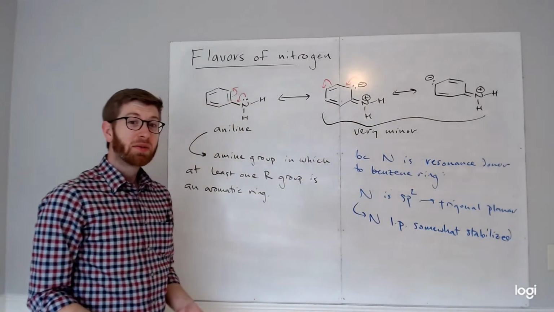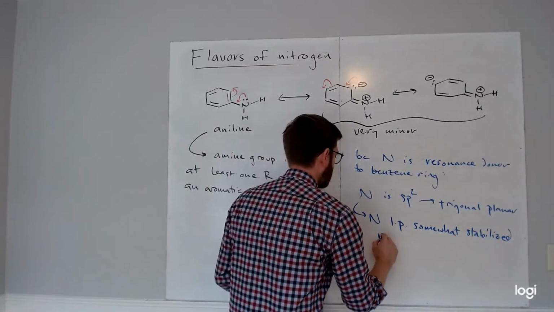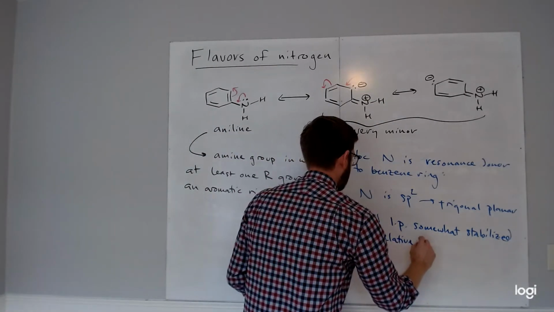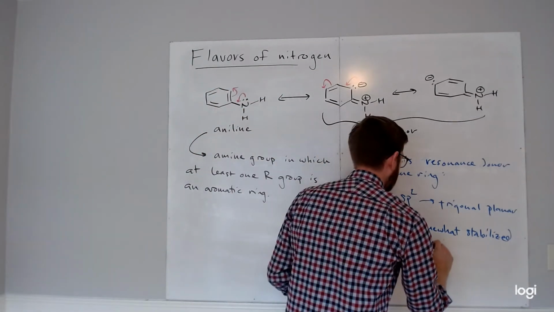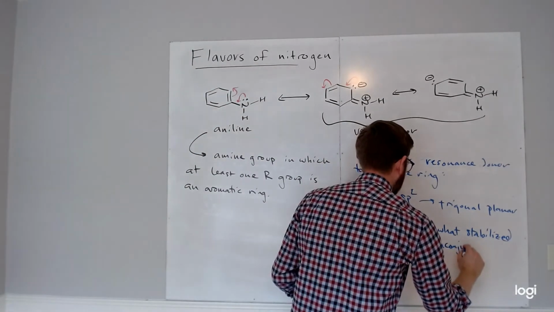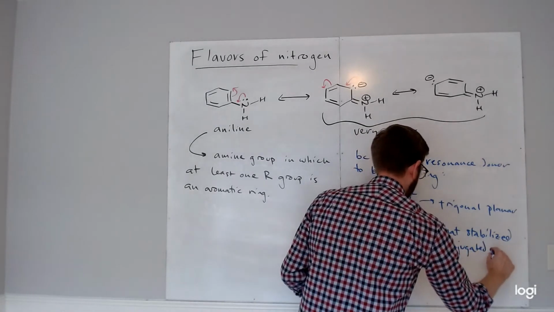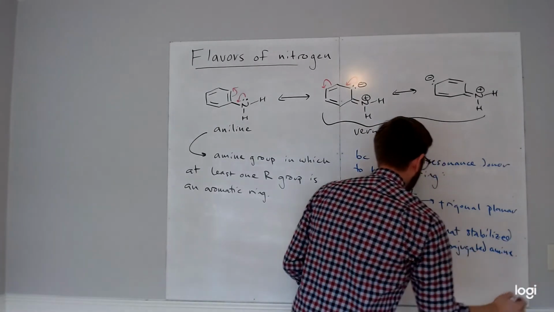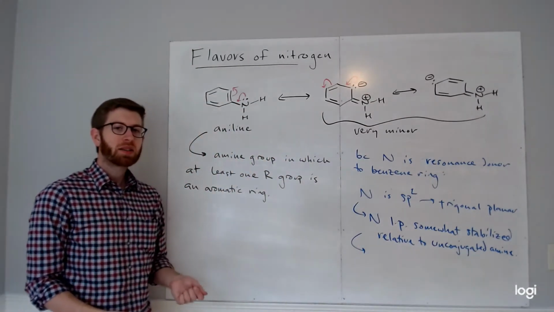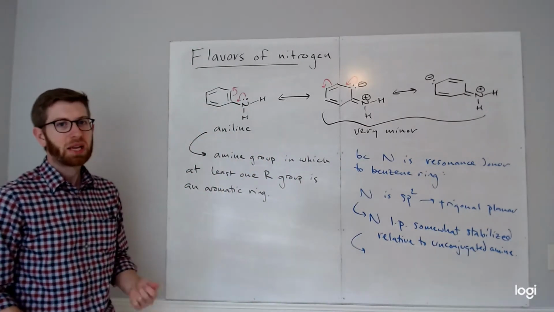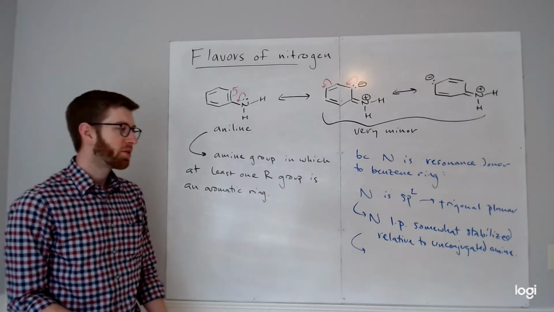Again, relative to an unconjugated amine. That means that aniline nitrogens are going to be both less nucleophilic and less basic than unconjugated amine nitrogens.